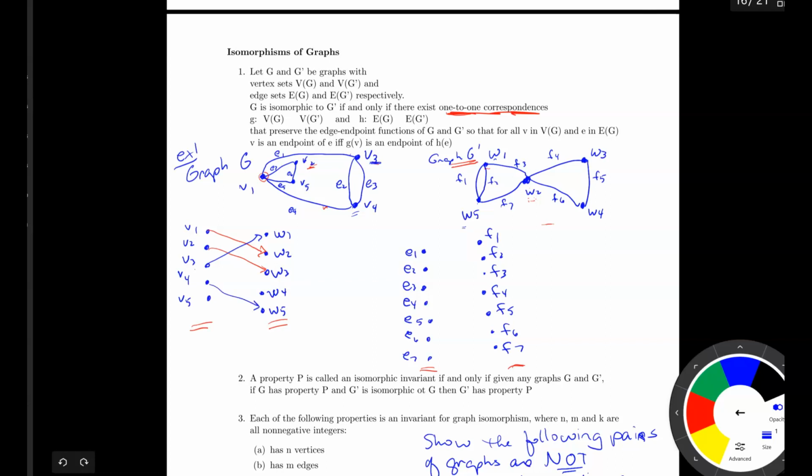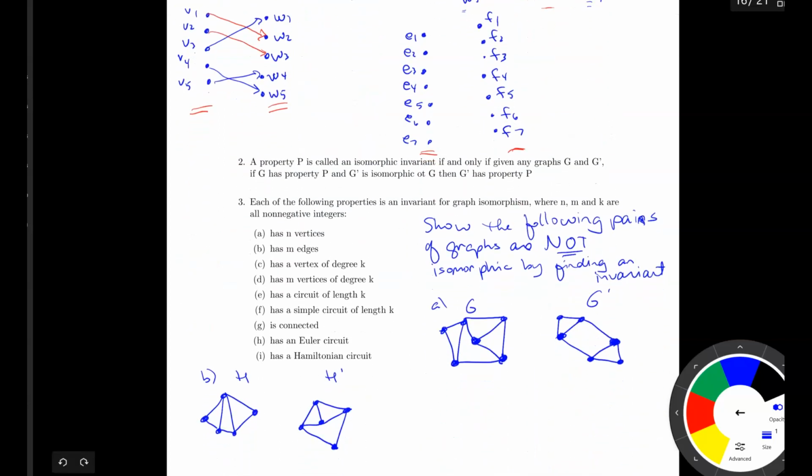And then vertex 5 here has degree 2, and W4 is degree 2. So there it is. I've got the vertices all matched up, and I'm going to let you do the edges for fun.